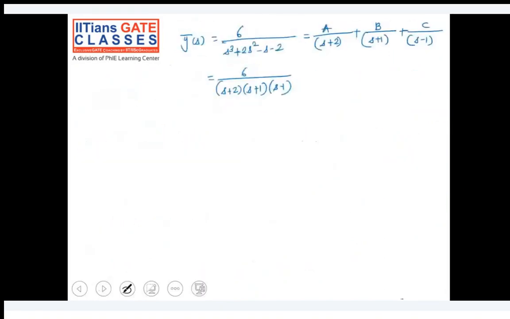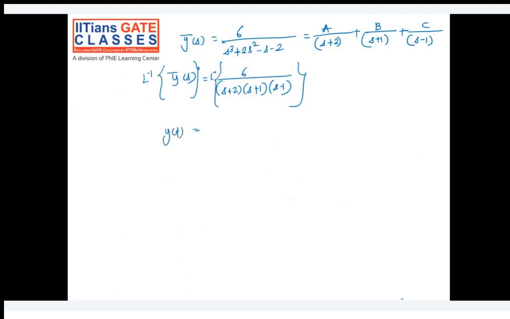Inverse Laplace of y bar of s. So this is your y bar of s. Inverse Laplace of this is equal to inverse Laplace of this. Inverse Laplace of this is what? Y of t. And then y of t is inverse Laplace of this, so that is nothing but the inverse Laplace of A. Here you will get A as 2 divided by s plus 2. B here you will get as minus 3 divided by s plus 1.